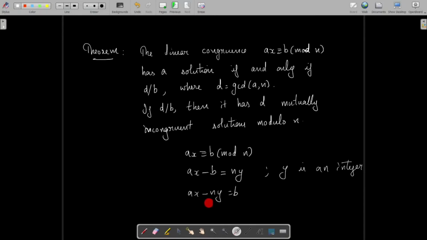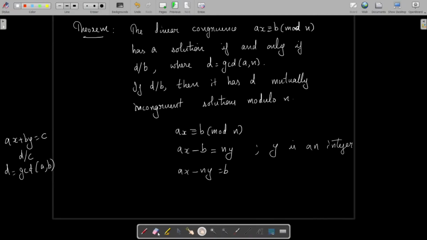Now you can see that this equation is a Diophantine equation in two variables x and y. A general Diophantine equation is of the form ax plus by equal to c, and we know a Diophantine equation is solvable if d divides c, where d is the GCD of a and b. So let us apply the result here.